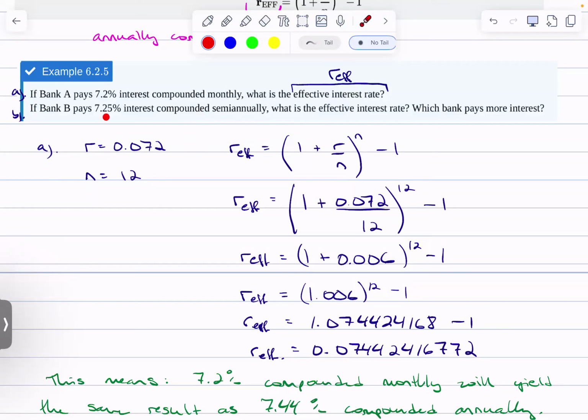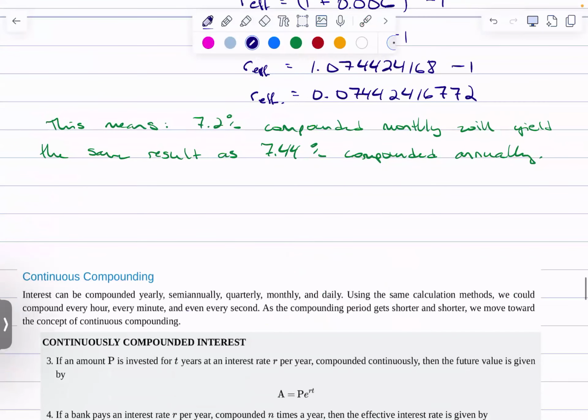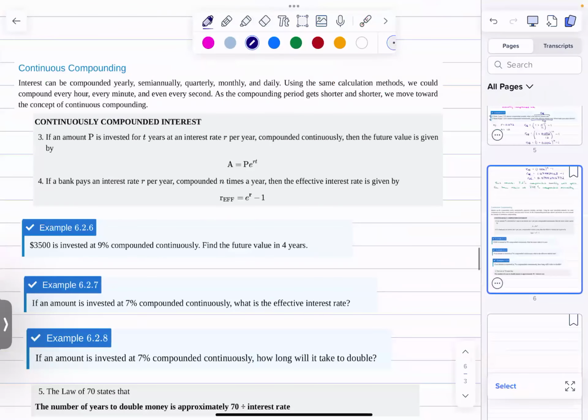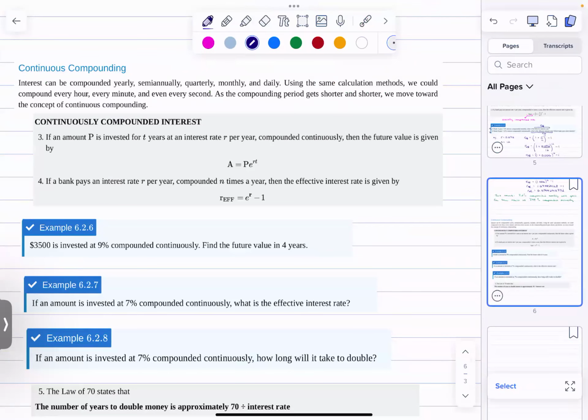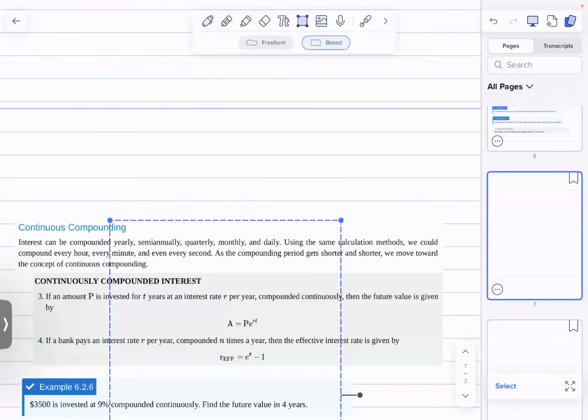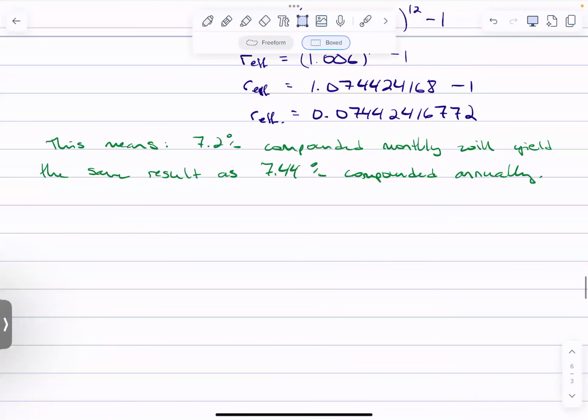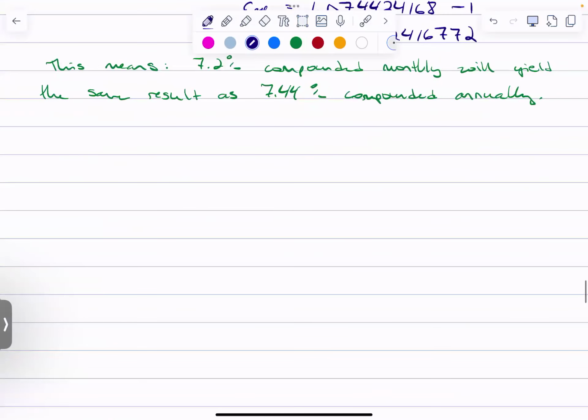And so to be able to compare them, now, let's do Bank B, 7.25% compounded semi-annually. Again, what's the effective interest rate? R is 0.0725.